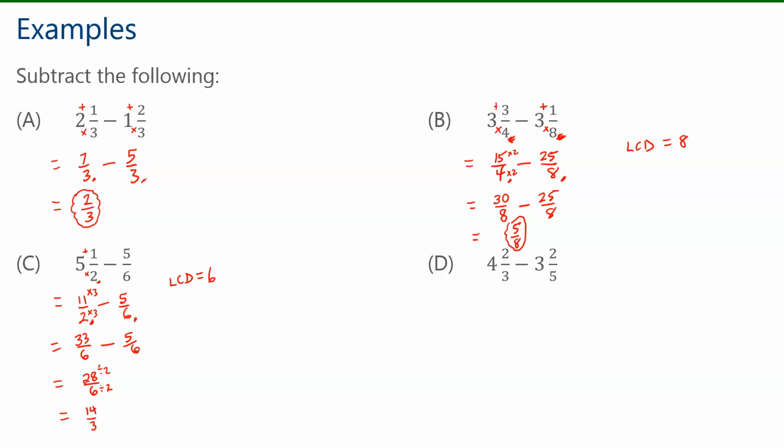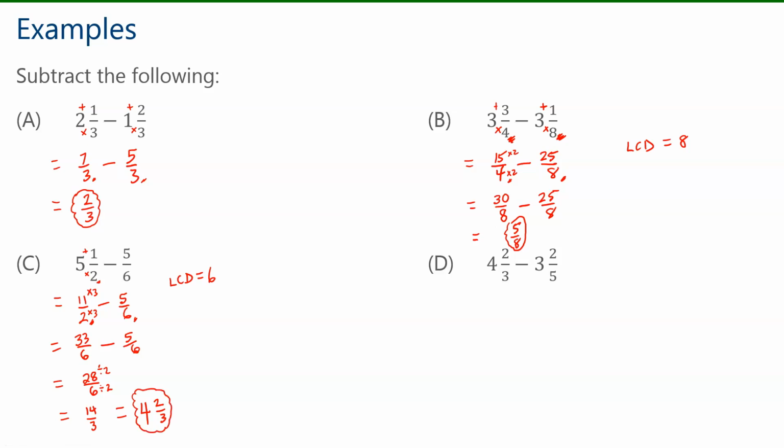So I got a 14 over a 3. Now we need to take this 14 over 3, an improper fraction, and put it back to a mixed number. So how many full groups of 3 can I get out of 14? Well, I can get 4 full groups of 3, because 3 times 4 is 12, and that leaves me with 2/3 remaining. Final answer, 4 2/3.